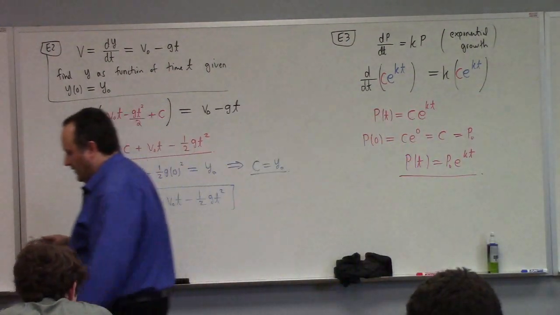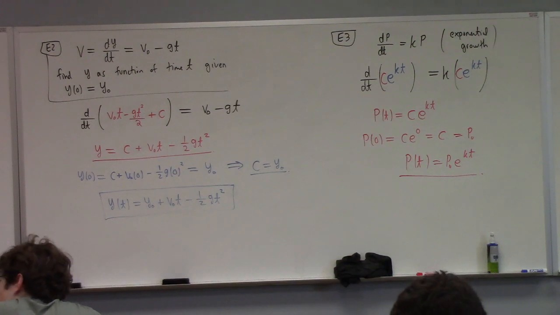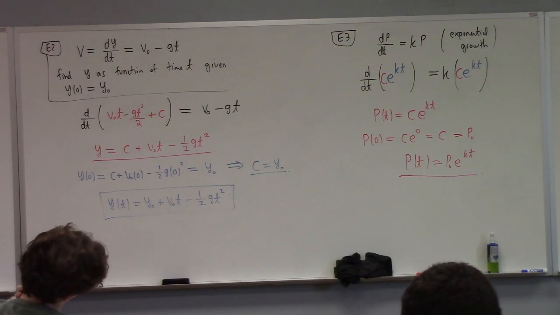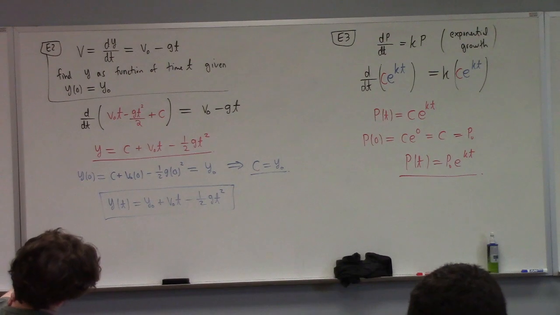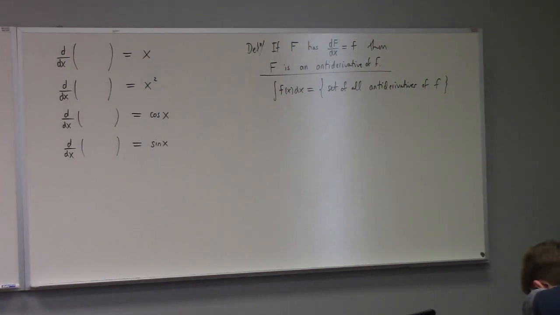And the theory here is kind of neat. If you had two different antiderivatives, how do they have to be related? Suppose you had two different antiderivatives for a given function.